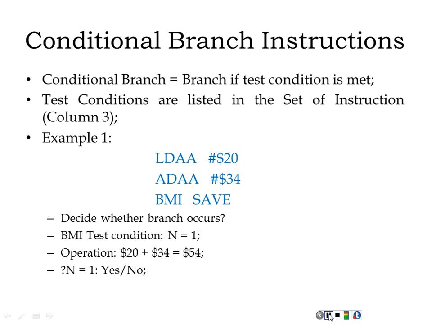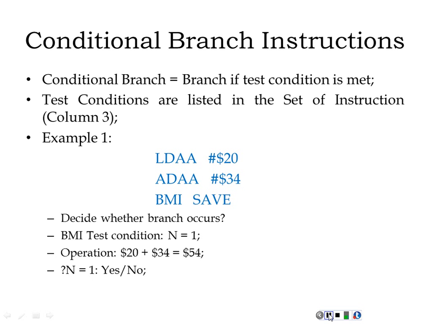Conditional branch means branch if the test condition is met. The test condition is the condition for which the branch will or will not jump. How do you know the test condition of the branches?